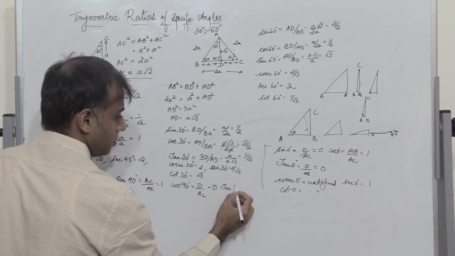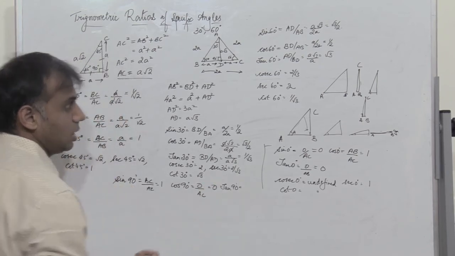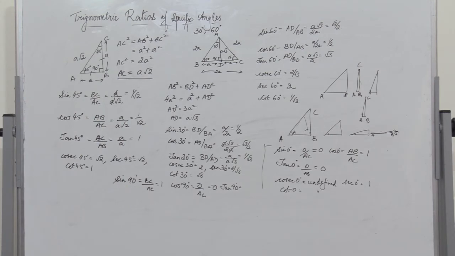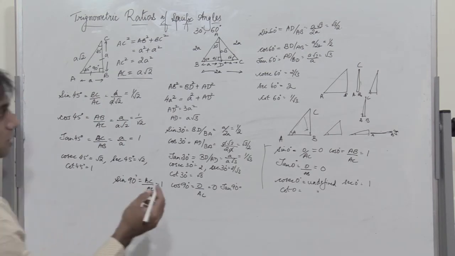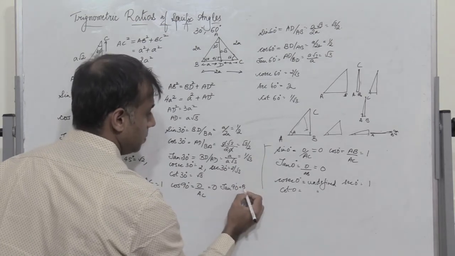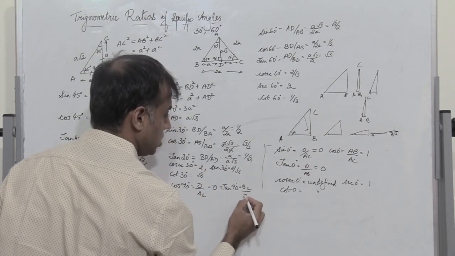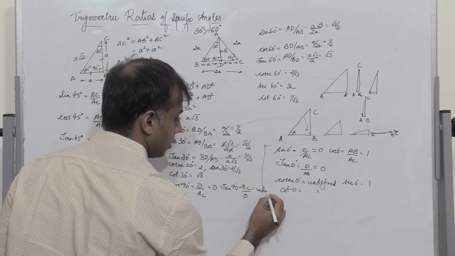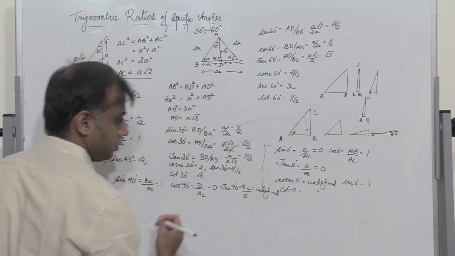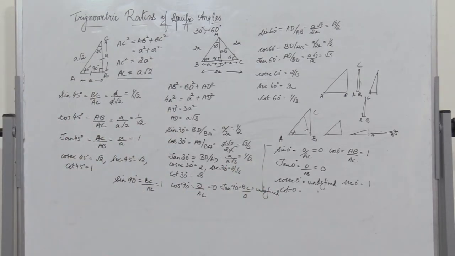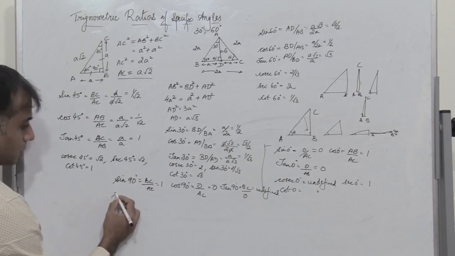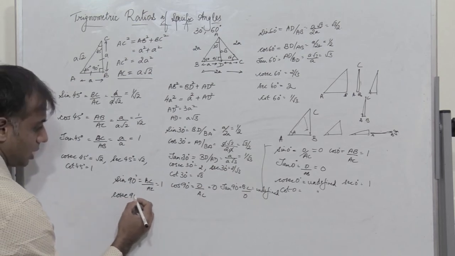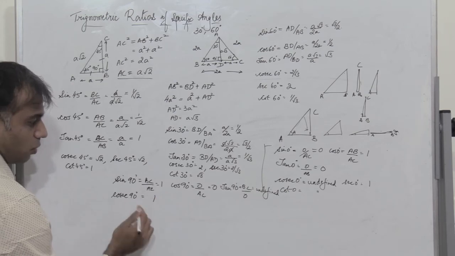What about tan? Tan 90 is opposite side divided by the adjacent side. Opposite side of course is BC, but the adjacent side AB is 0. So this is undefined. Now let's move on to cosecant 90, which is again the reciprocal of 1.